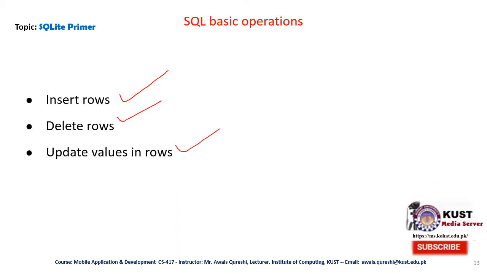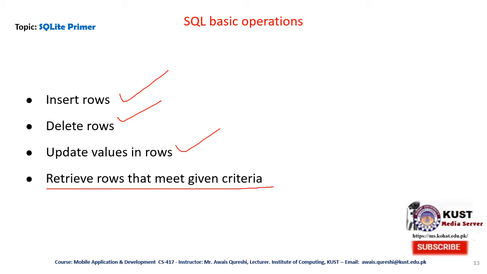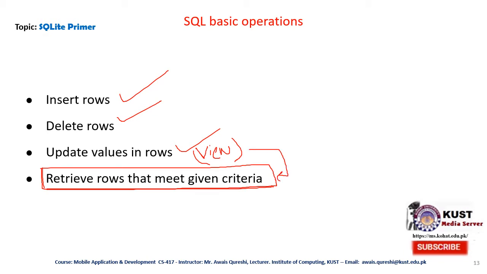So these three operations are very important, and the fourth is retrieve rows that meet given criteria. In that case we are doing nothing but viewing. This fourth part is for viewing. If you want to view the data, then you can use this concept: retrieve rows that meet given criteria.